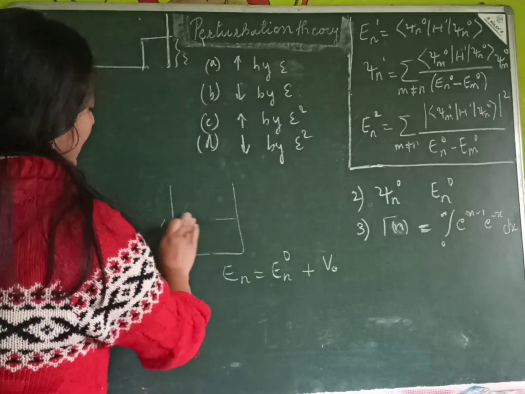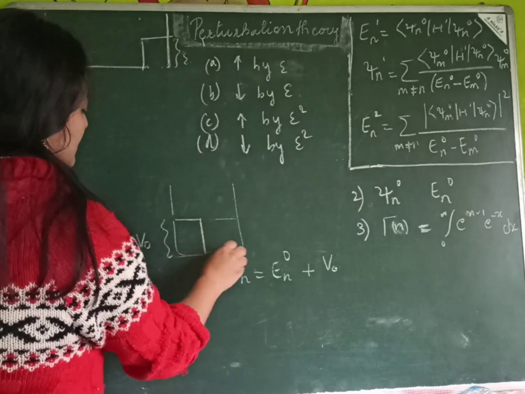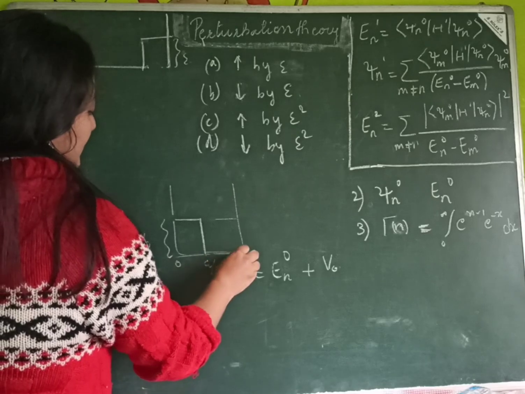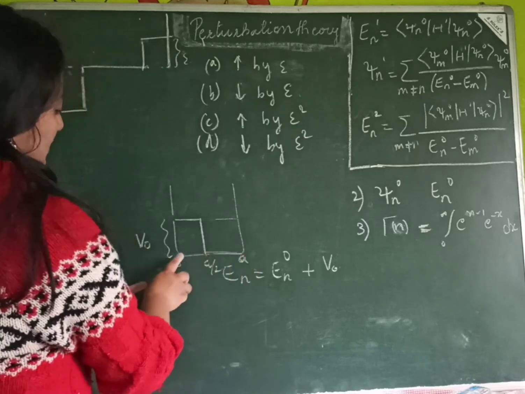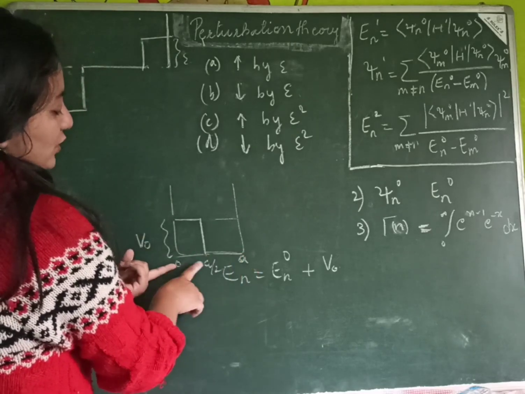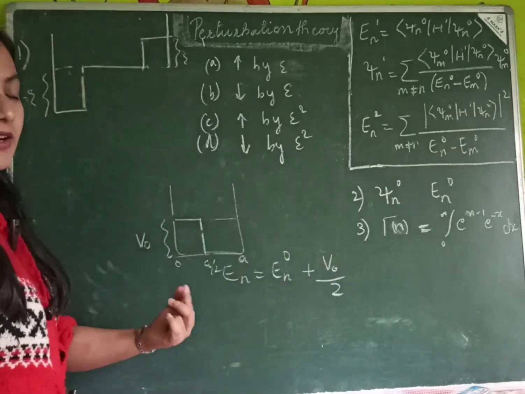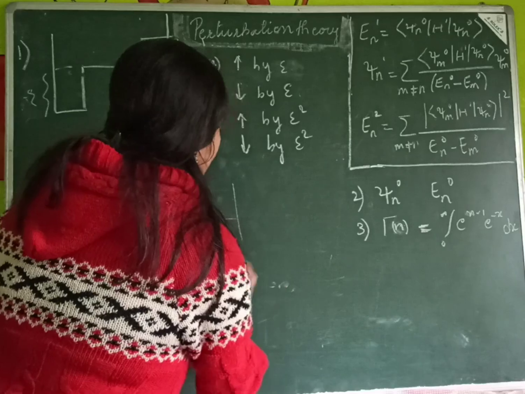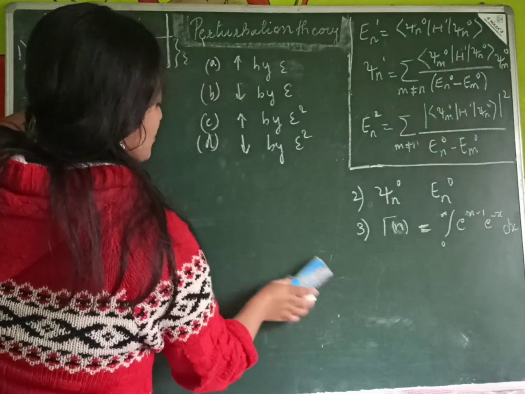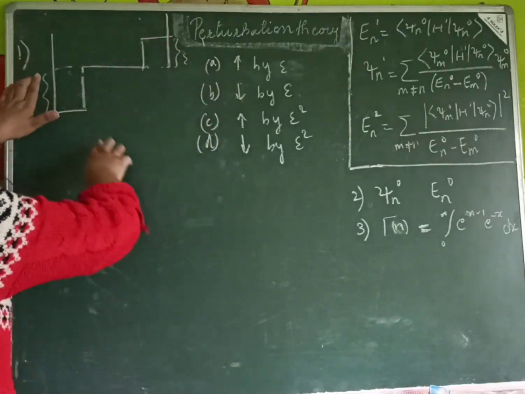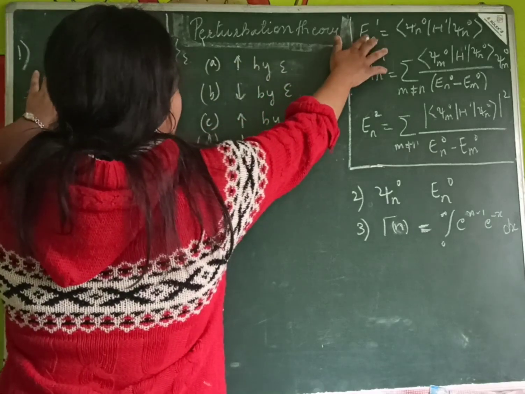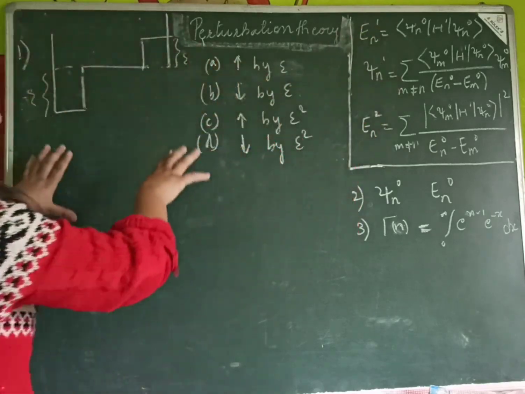And when I had the similar thing, but it was raised by height V0 between 0 to a by 2, then my correction came out to be V0 by 2, right? So keeping this in mind, I will be solving this problem. I can make use of the formula, En1, En2, and then do my problem.